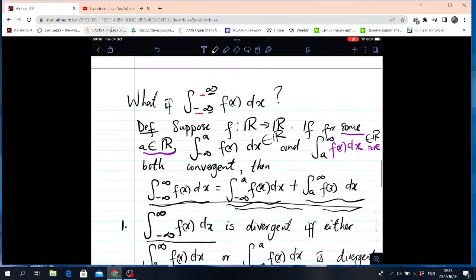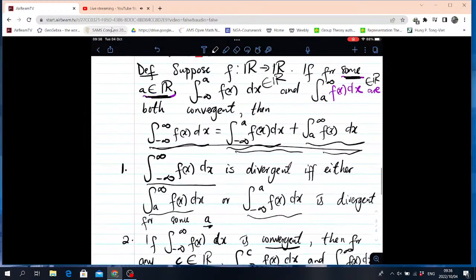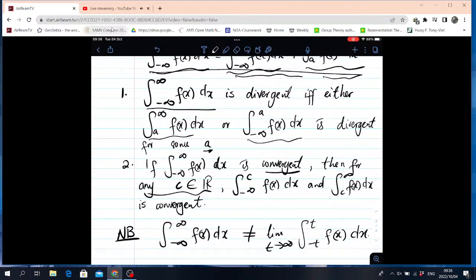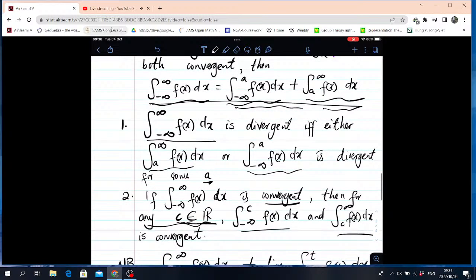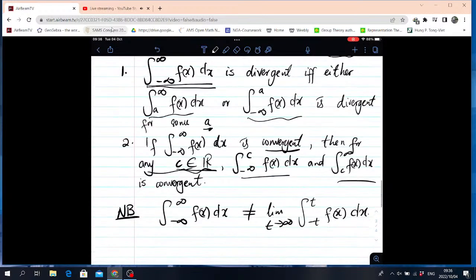Remember we are saying for some a, if this works, then it's convergent. But if it works for some a, then it is going to work for any real number a that you pick, because if one of them becomes divergent, that would contradict the fact that the integral is convergent, right? So if it works for one c, it's going to work for any c that you pick.